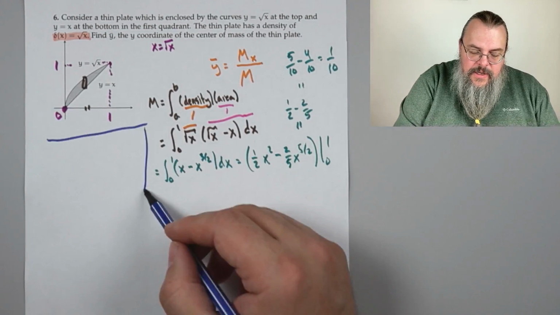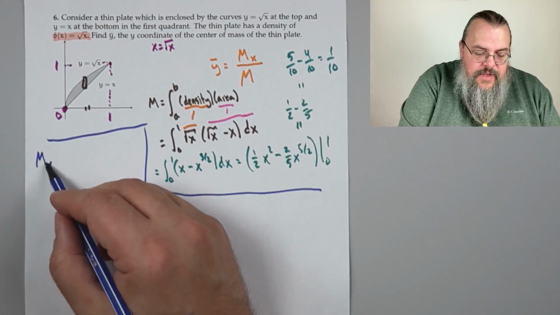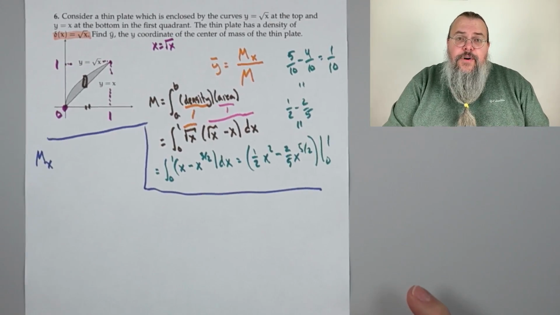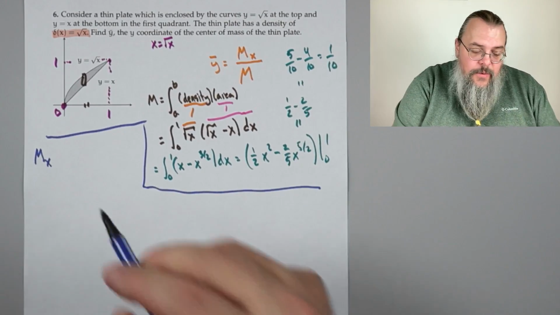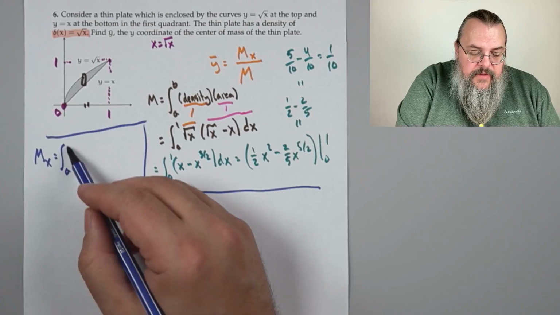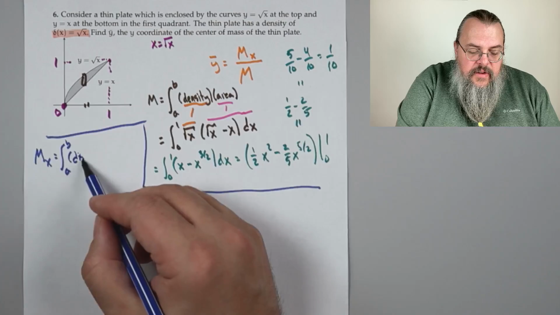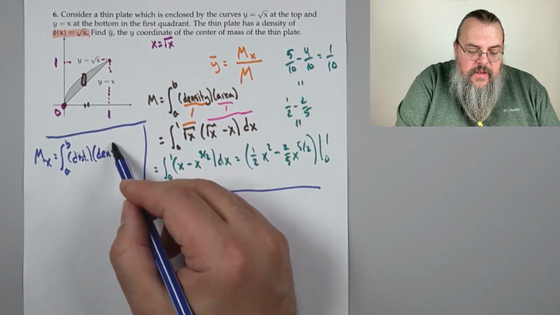So, next stage, mx. Now, what's the difference between a mass and a moment? Well, a moment takes into consideration distance. So when we're talking about finding a moment, we're adding up the little pieces of moment, which is going to be a distance times a density times an area.